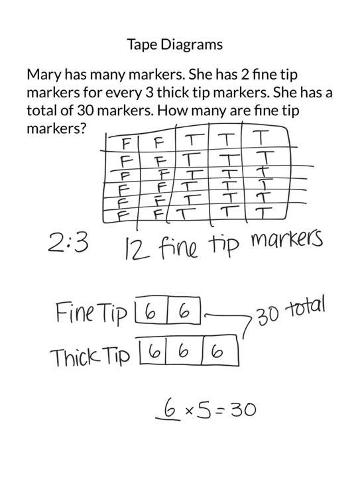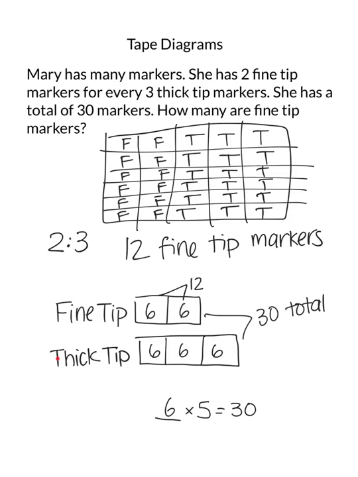So then I want to figure out how many are fine tip. So I'm going to figure out what's my total here just for fine tip. Well, I have 6 plus 6 is 12. So I get my answer, 12 fine tip markers. So both of these methods work.